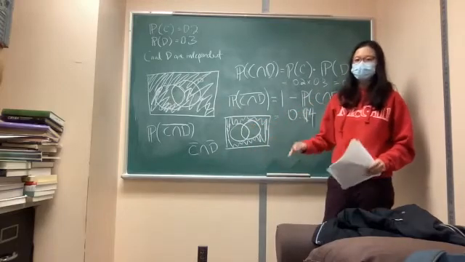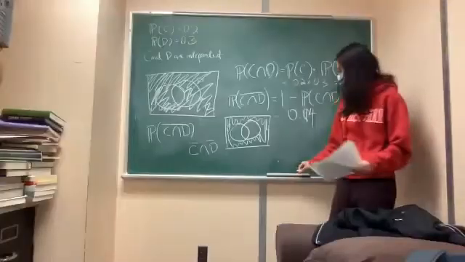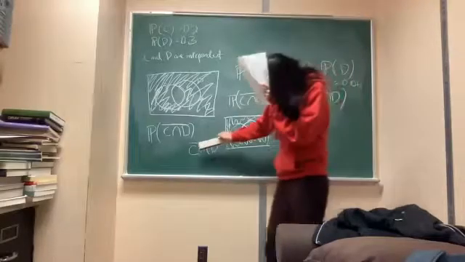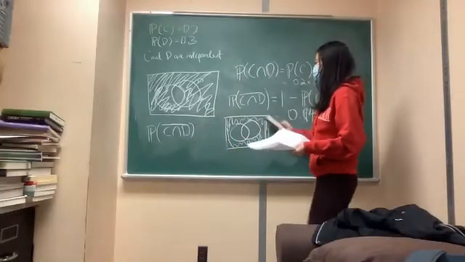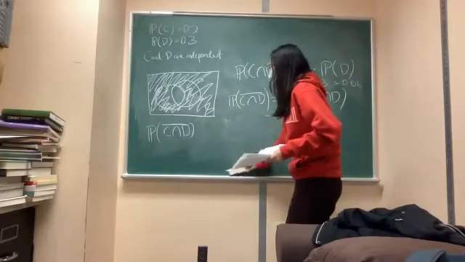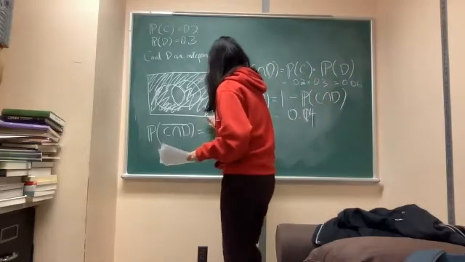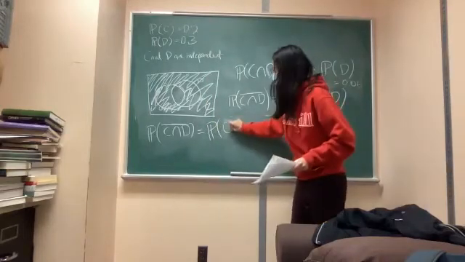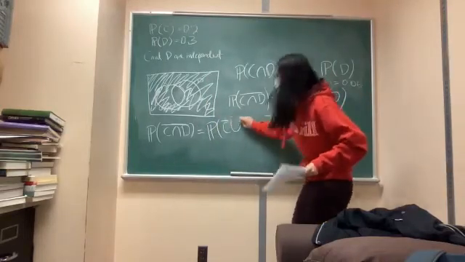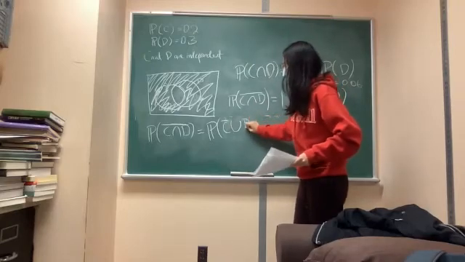I see. I feel like what you're thinking of is another well-known identity. I'm sure you know De Morgan's law, right? Which I covered last time. But if you don't, De Morgan's law says that this equals the probability of C complement union D complement.